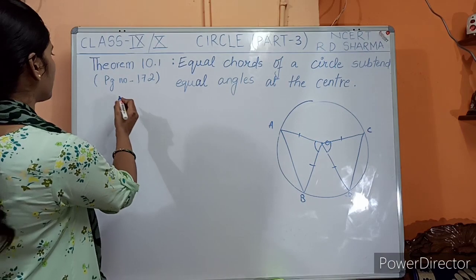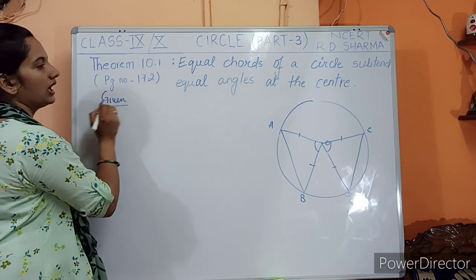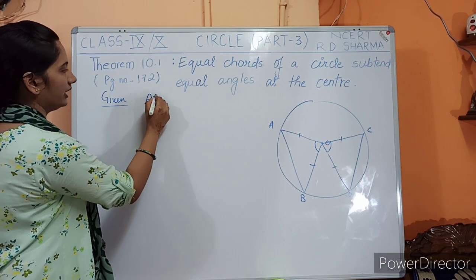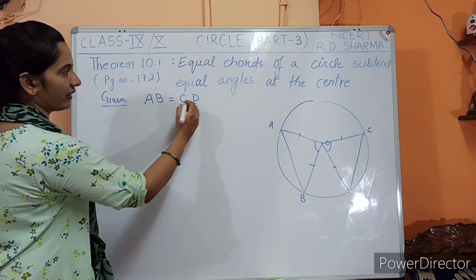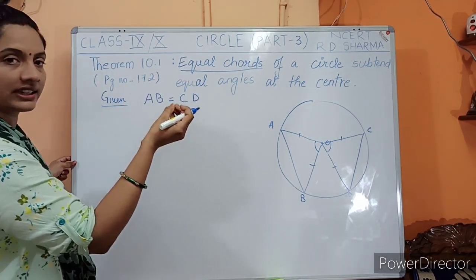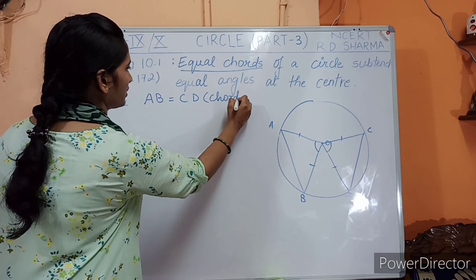Let us write down what is given here. Given: AB is equal to CD. This is given because in the first two words itself it is saying that the chords are equal. Two equal chords are given to us.